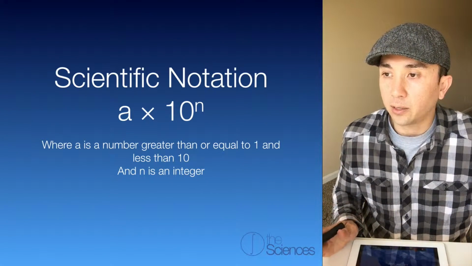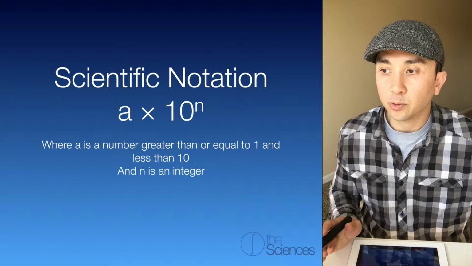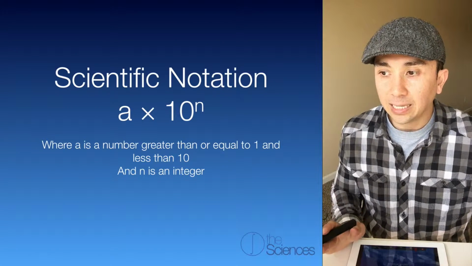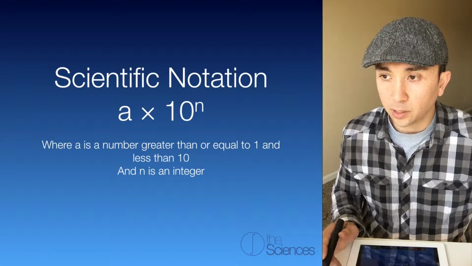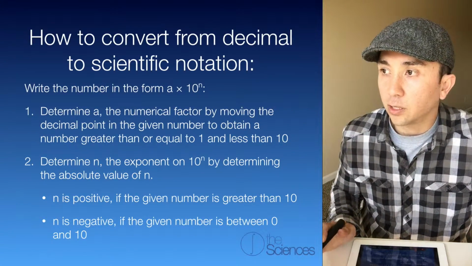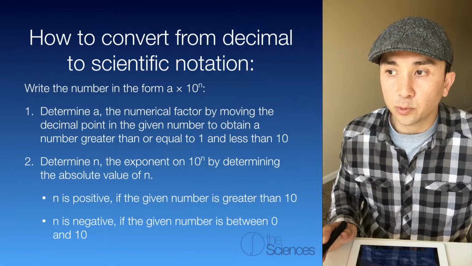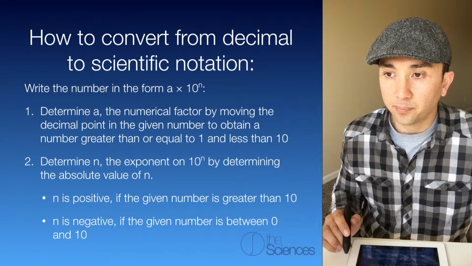Now here's the format for the scientific notation, where a is a number greater than or equal to 1, but less than 10, and n is an integer. So here's how to convert from decimal to scientific notation. You're going to write the number in the form a times 10 to the nth power.